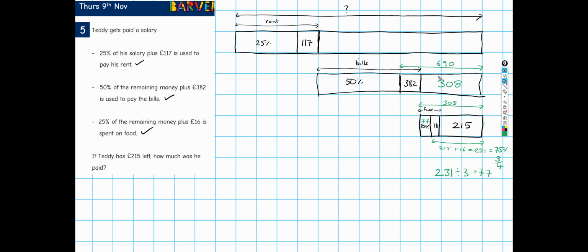Okay, and remember, this is 50%. If this is 50% of the bar, then this must be the other 50% of the bar. So if this is 690, so is this bit here. Okay, so this whole bar is 690 times 2.